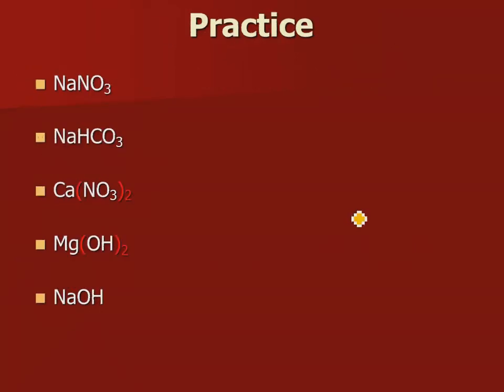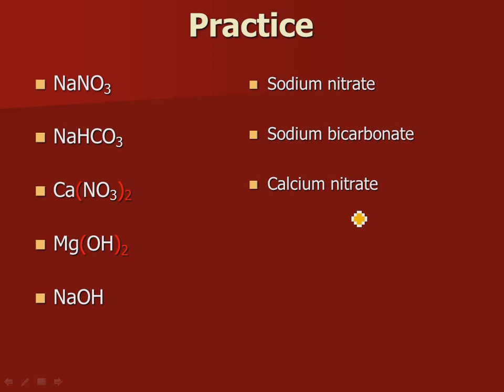So what would this first one be? Sodium nitrate. NaHCO3? That was an easy one. Sodium bicarbonate. Put it in your refrigerator and it takes away smells. Next one? Yep, just calcium nitrate. The fancy parentheses, if we go back and look, this NO3 is a minus.